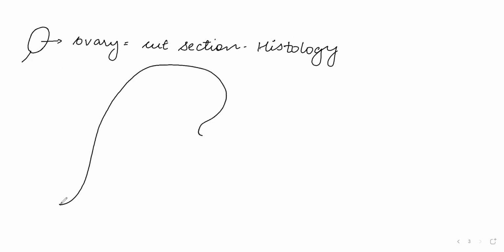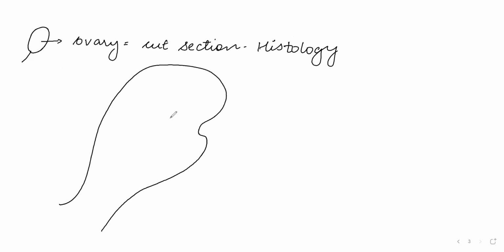However, next, basic number 2. If we take one ovary out, and if we cut it and study the internal cells of the ovary, in a cut section, which is also called histology of the ovary. So let us zoom into this ovary and study it in detail.